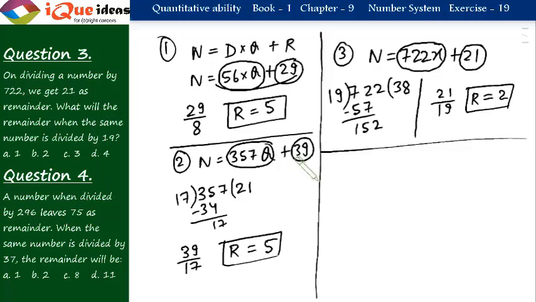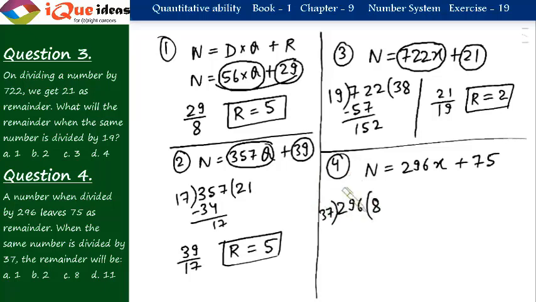Question number 4. When a number when divided by 296 leaves 75 as the remainder, right? Same process, n is equal to 296x plus 75. So first check whether 296 is divisible by 37 or not. So 37, how many times can it go? 8 times.